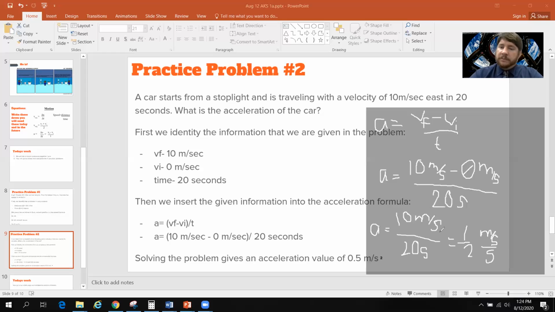Again, we just divided meters per second, excuse me, by seconds. And I've written that back out here: meters per second over seconds. If we want to contract that visually, we can rewrite that as meters per second squared, like you see in the PowerPoint slide. So meters per second becomes meters per second squared.